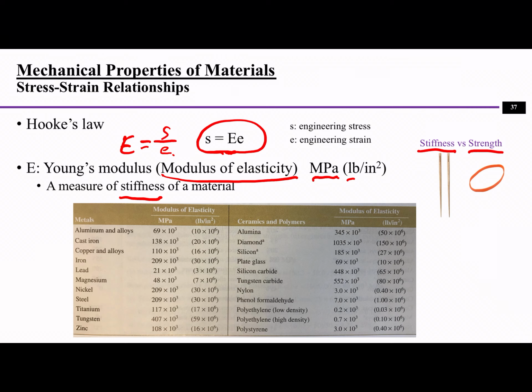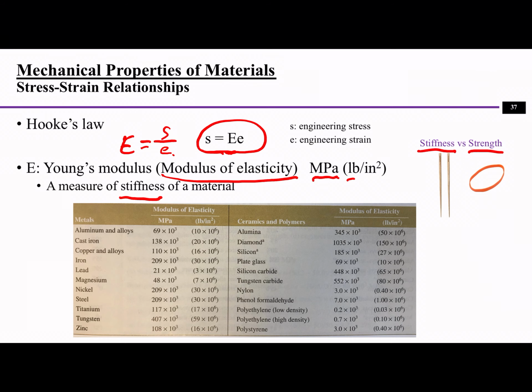Something to pay attention to is the stiffness versus the strength. Stiffness means how difficult it is to permanently change its shape. For example, chopsticks versus a rubber band, right? You can keep giving force on chopsticks, and at a certain point they will fracture, they will break.